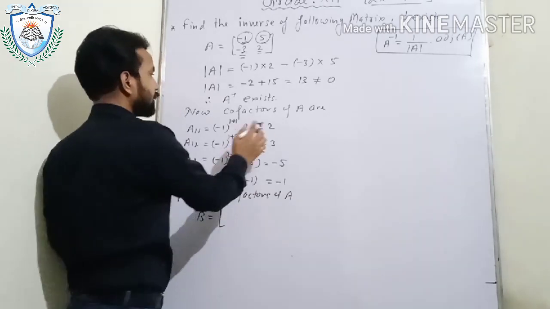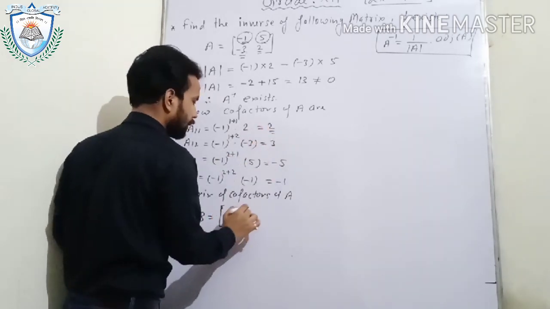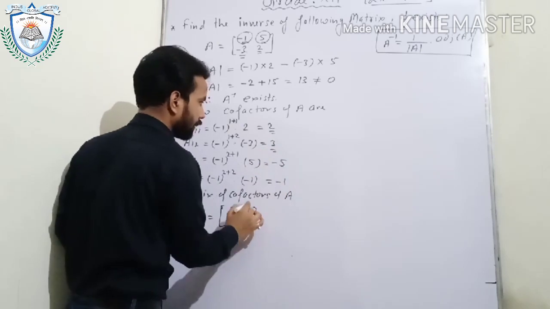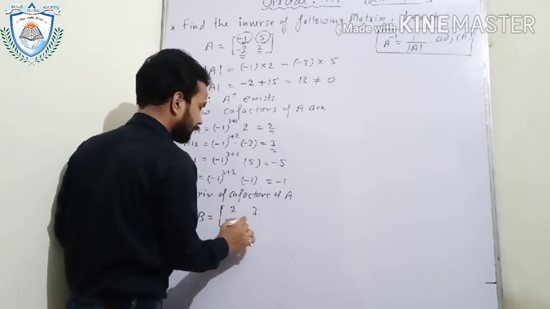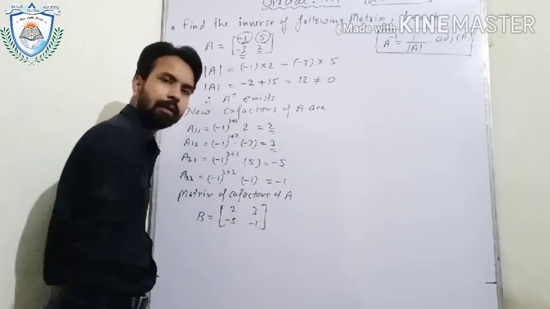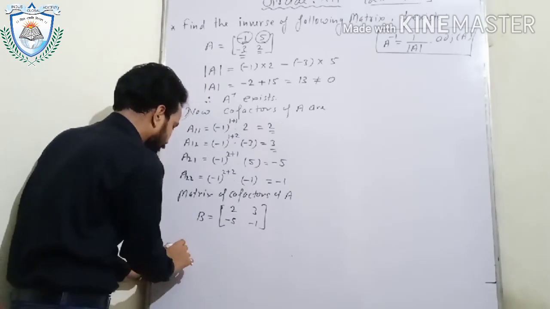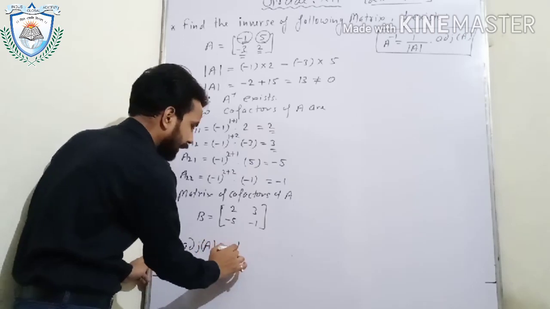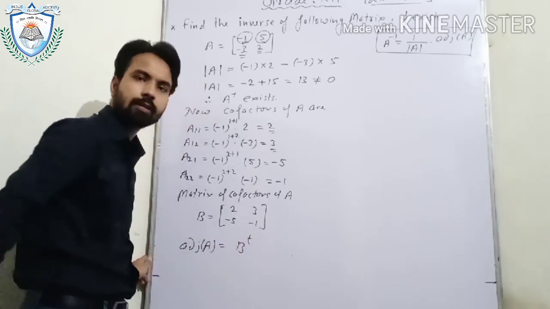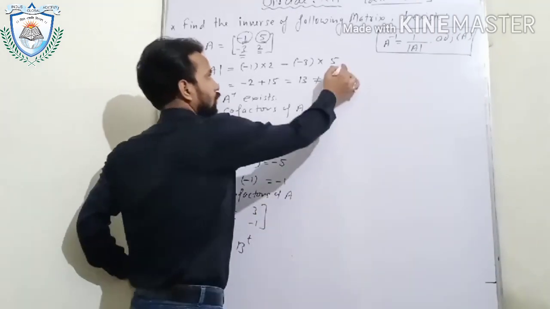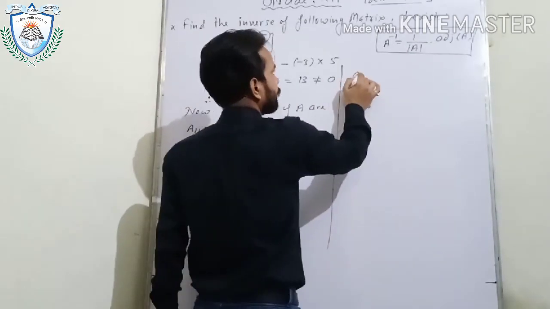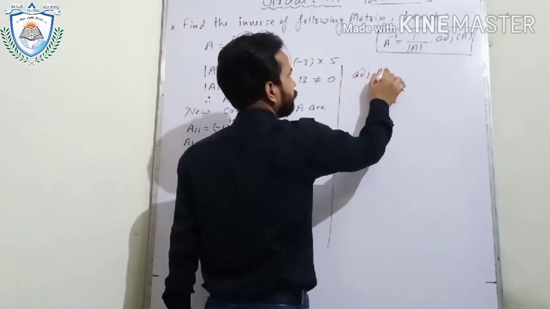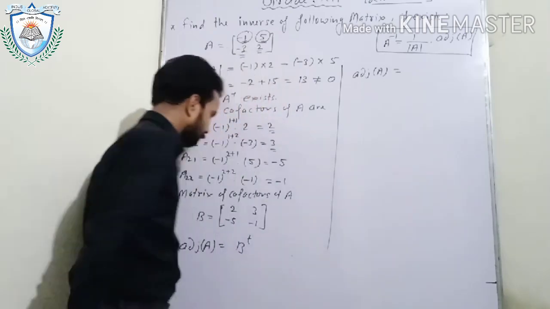So in this matrix, first element is 2, next is 3, then minus 5 and then minus 1. Now adjoint of matrix A will be B transpose. Clear? So now adjoint of matrix A equals B transpose.